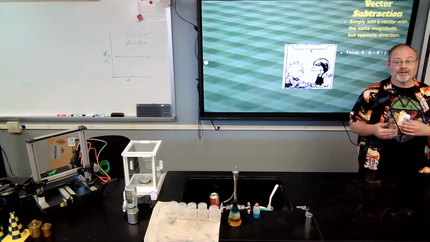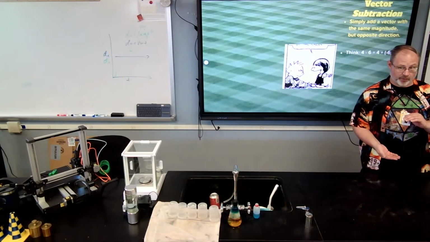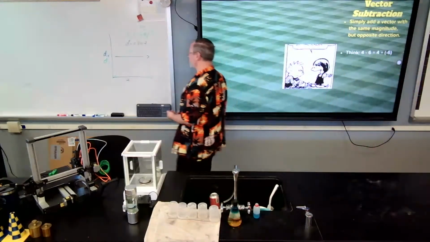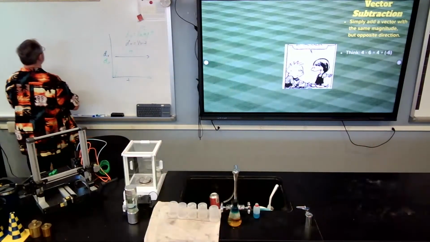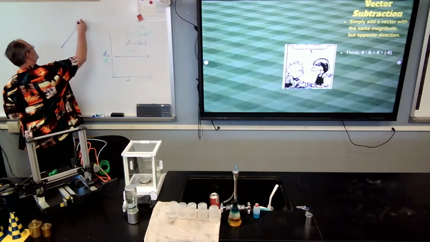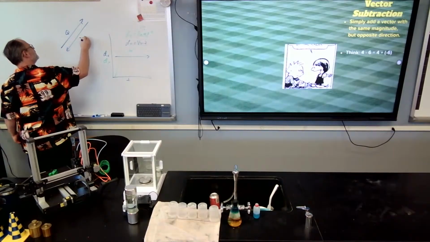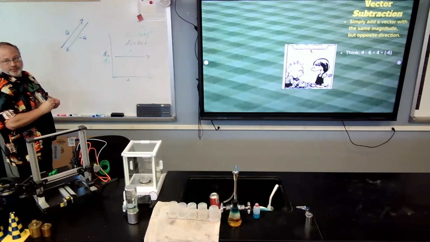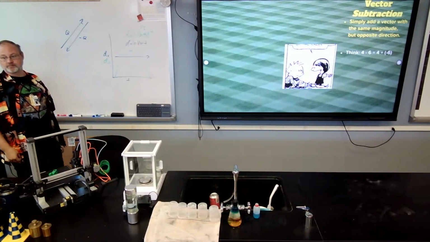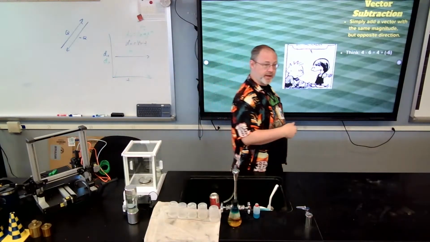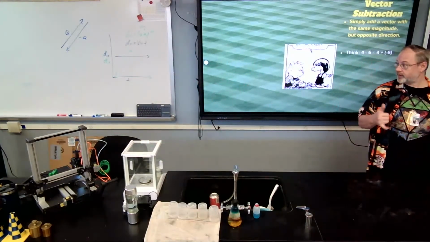Has the same magnitude, but the opposite direction. So, for instance, if this vector is q, this vector is negative q. Same magnitude, opposite direction, just like a number. The magnitude of 4 and negative 4 is the same, it's just their sign moving.